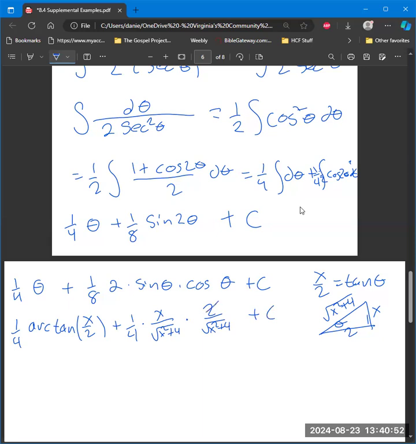Well, that 2 is going to go into there and make a half. So this is 1/4 arctangent x over 2 plus x over 2 times x squared plus 4.